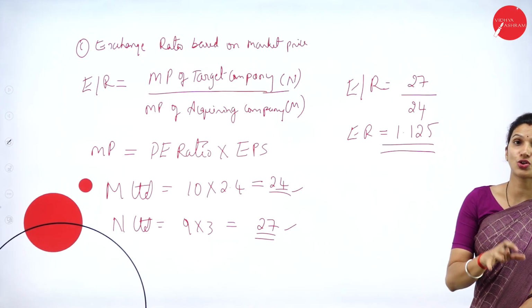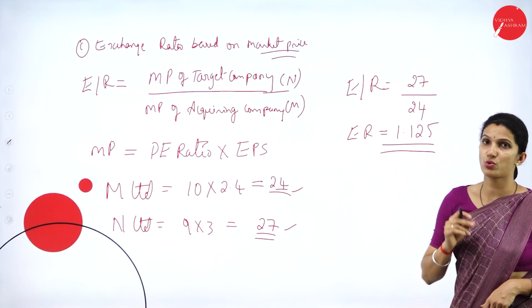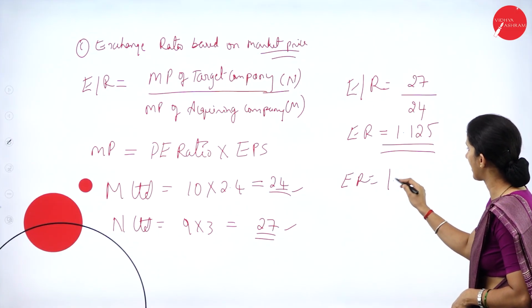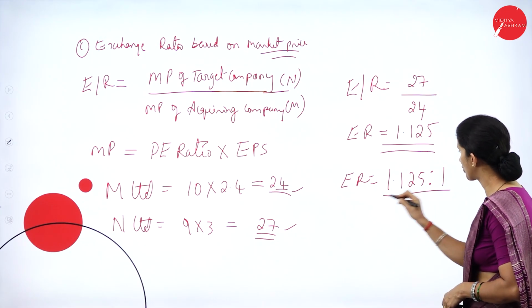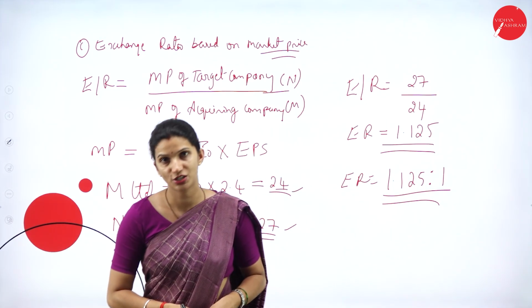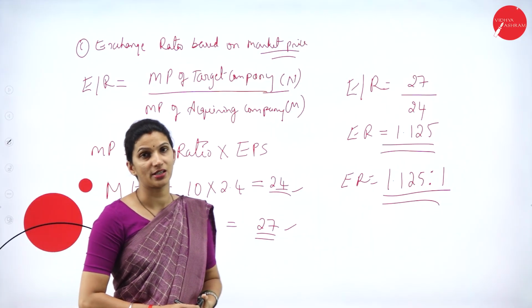So the exchange ratio based on the market price is 1.125. That means for every one share held by them, the shareholders will get 1.125 shares. So this is how you need to calculate the exchange ratio.